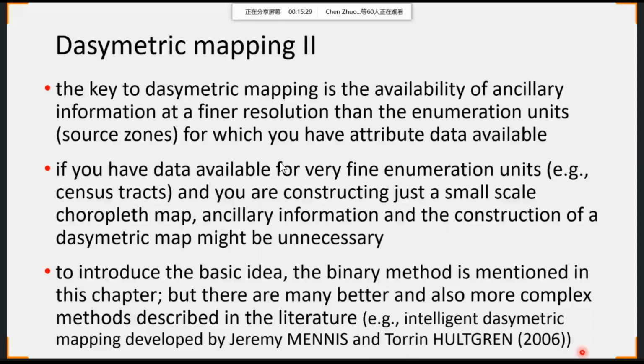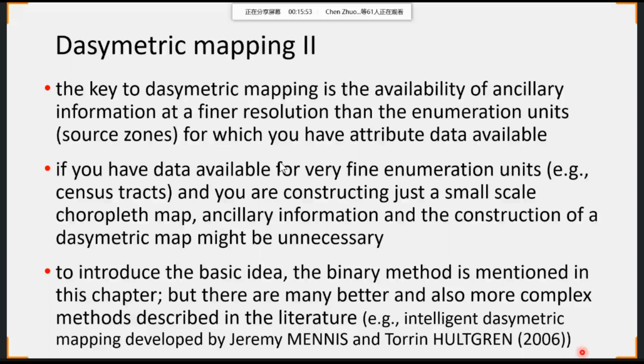But it is a map type that is not used too often because if you have the more detailed data available, then it's not so important to do the work and redraw the normal choropleth map.